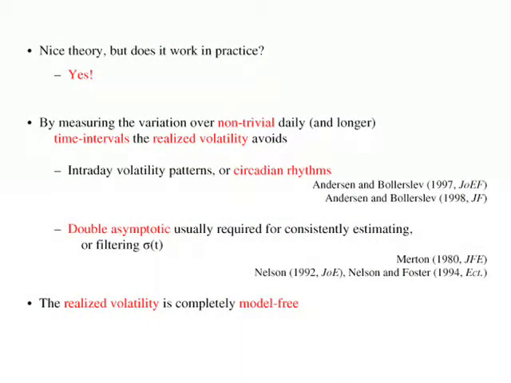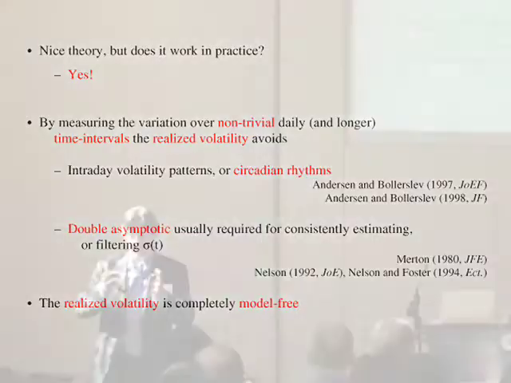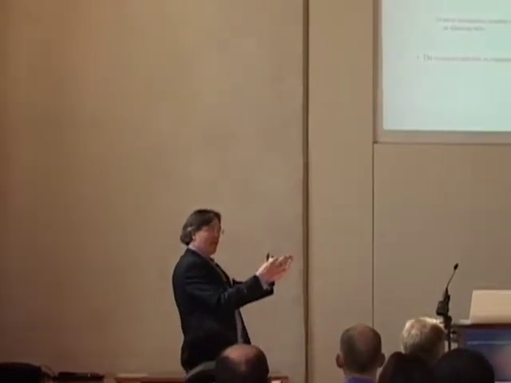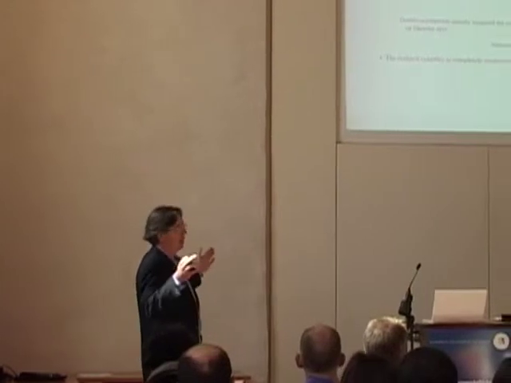From a more formal perspective, relative to methods of trying to estimate the instantaneous volatility, which would in essence require a double fill-in asymptotics, where you get finer and finer sampled returns over smaller and smaller time intervals, here you don't need that.